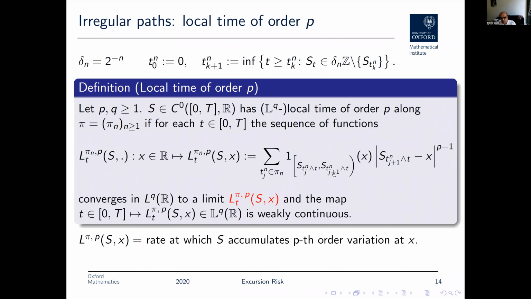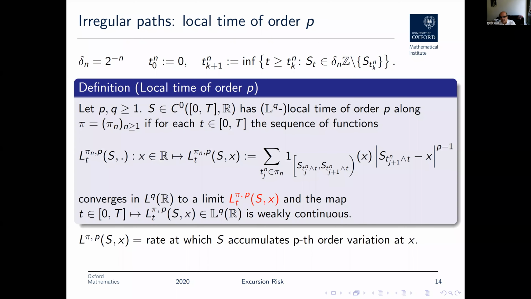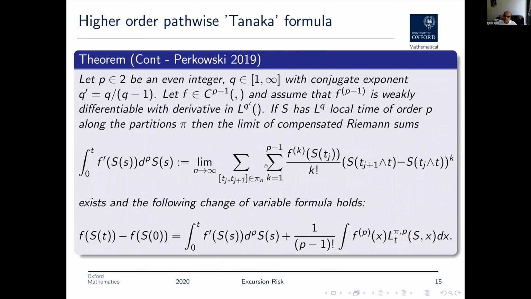So I'm going to do this calculation for each increment of f of S along the partition of times. Each increment is going to give me a term like this, plus a remainder. And the existence of local time means that the remainder will converge exactly to a term like this.